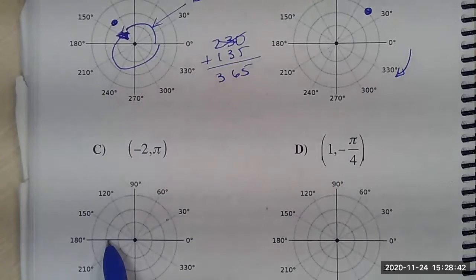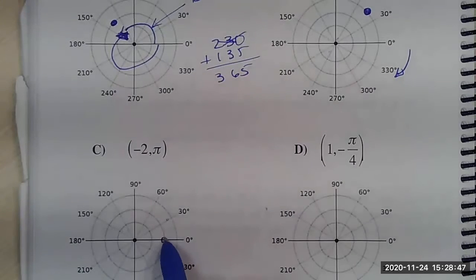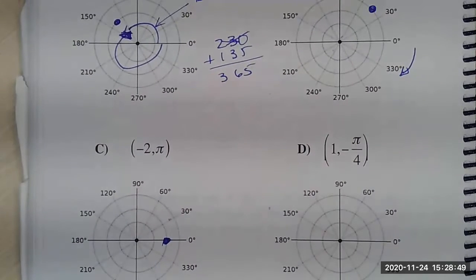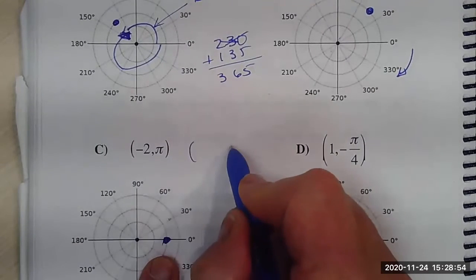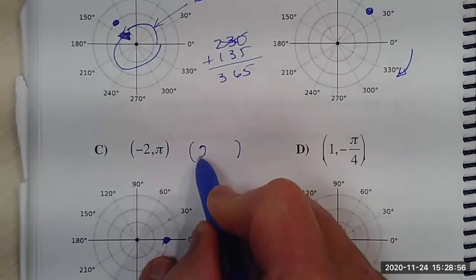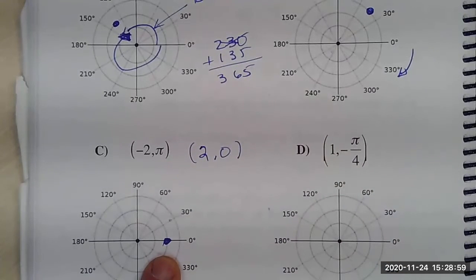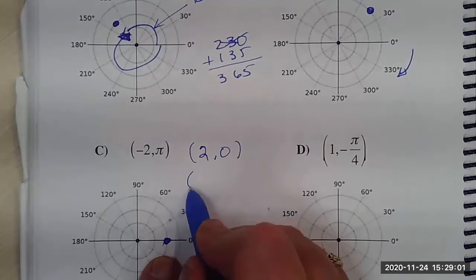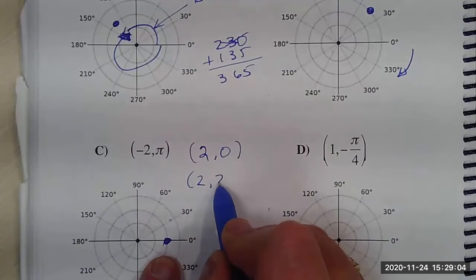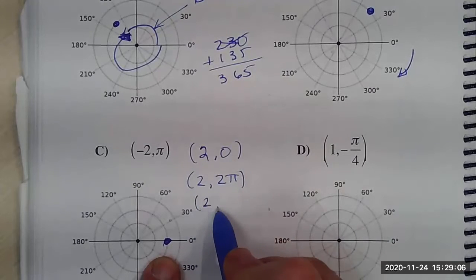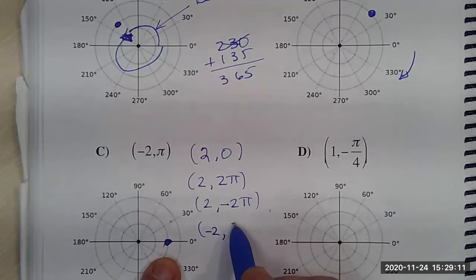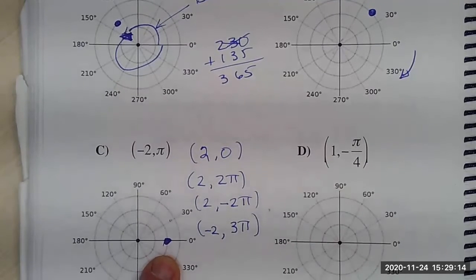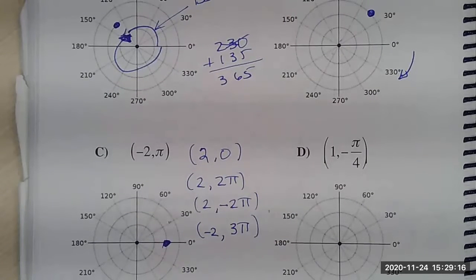I want negative 2 comma pi. So what you do is you reflect it across the origin, and that's where the dot is. This dot is negative 2 comma pi, and it's also 2 comma 0. It's also 2 comma 2 pi, and 2 comma negative 2 pi, and negative 2 comma 3 pi, and so on. It gets you the same place.